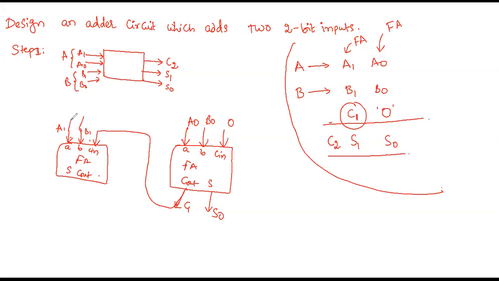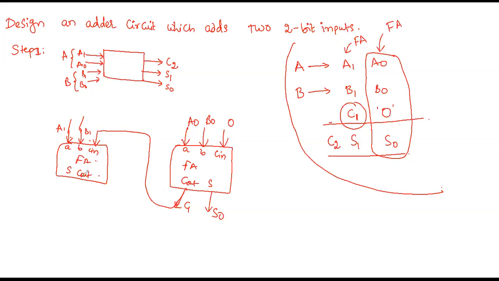Now see here, the carry from the first bit addition is propagating to the second bit. Okay. So this is carry propagation. This carry propagation facility is not present in a half adder generally.